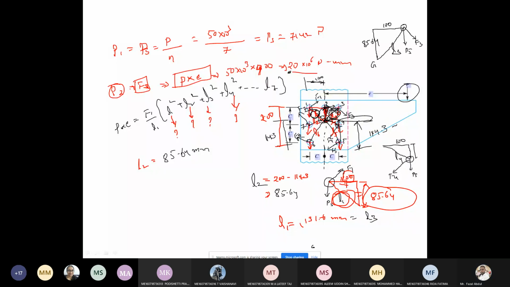If you subtract 100, how much? 14.3. This is the center of gravity. Now what is L4? Tell me, Babu, the L4 value.